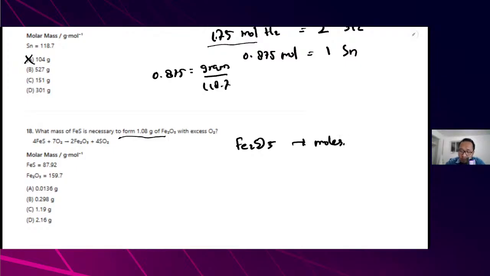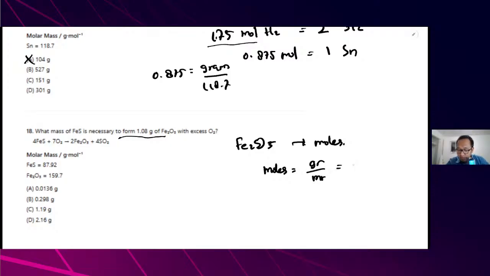Because the information is in grams, we need to convert it into moles, just using moles equals gram per molar mass.